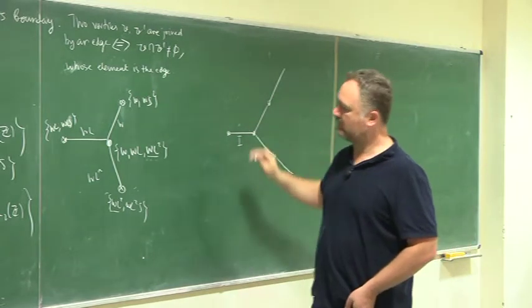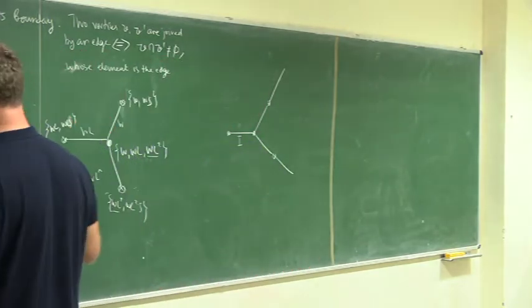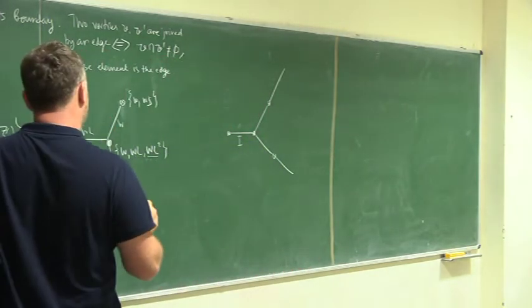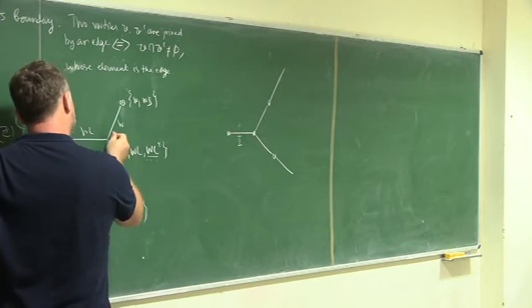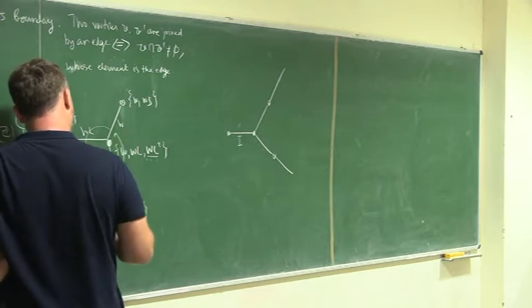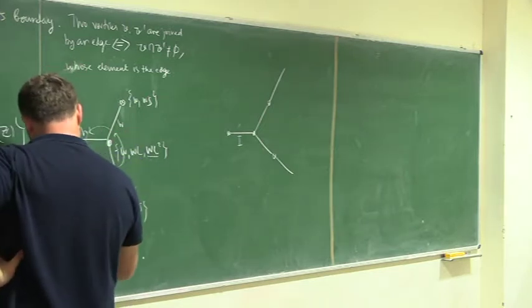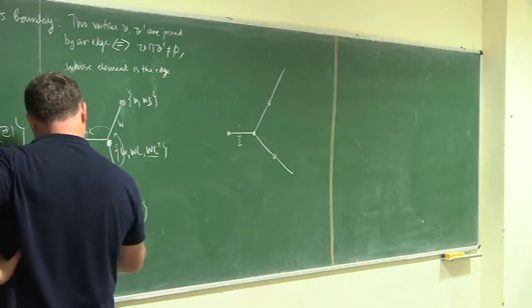This tree is not just a tree, it comes with an extra structure. Whenever I have such a vertex, I can orient it in a fixed direction. I take this direction to be W, WL, WL square.